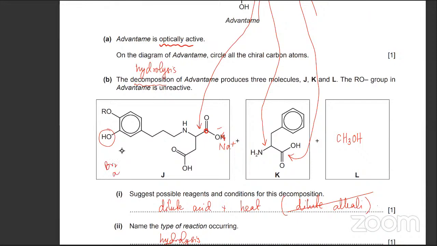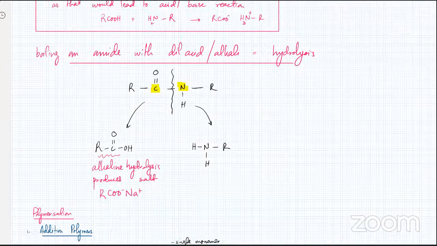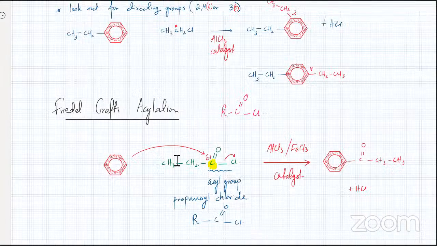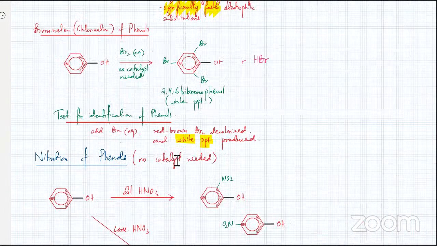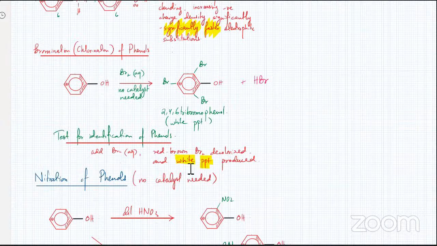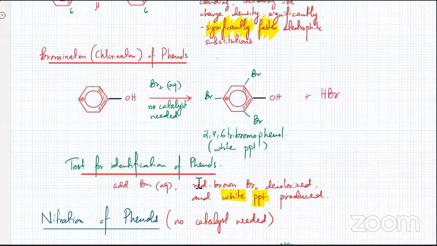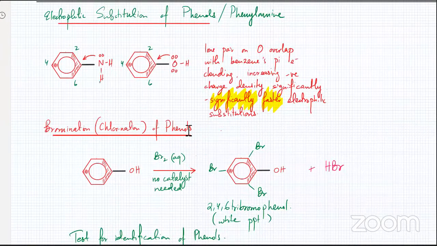So if you add aqueous Br2 to it, what will happen is, so where's electrophilic? Just a second. Is it an activated benzene or a deactivated benzene? It is an activated one. So phenol, this is the reaction of phenols, right? We discussed that this is electrophilic substitution of phenols.